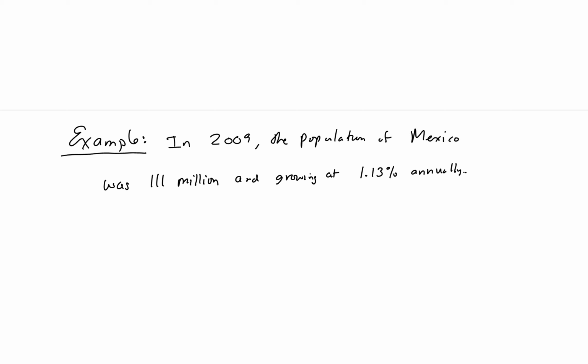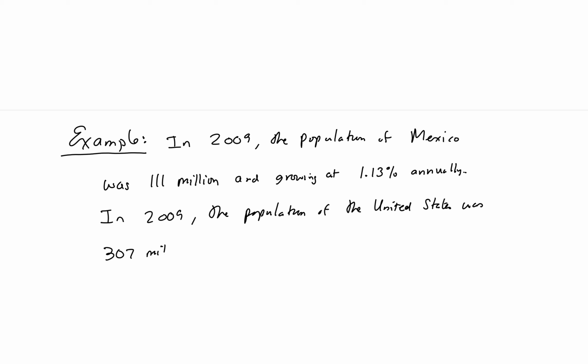Okay, so in 2009, the population of Mexico was about 111 million, and it was growing at about 1.13% annually. In 2009, the population of the United States was 307 million and growing at 0.975% annually.